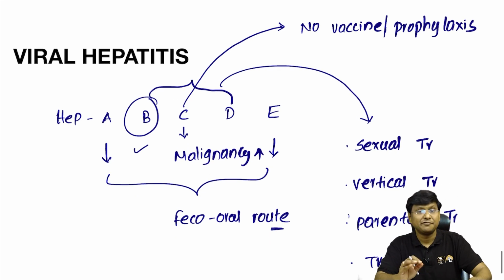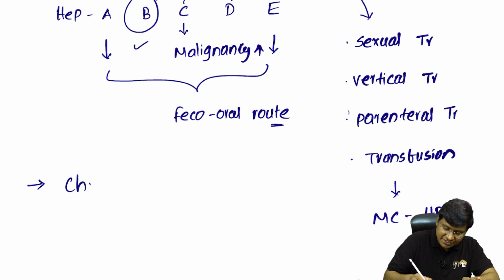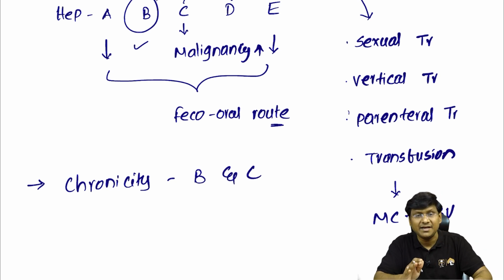It is very high for hepatitis C. And which viruses have the higher tendency for chronicity? The higher tendency for chronicity is for hepatitis B as well as hepatitis C.